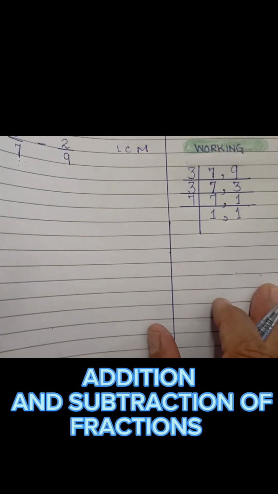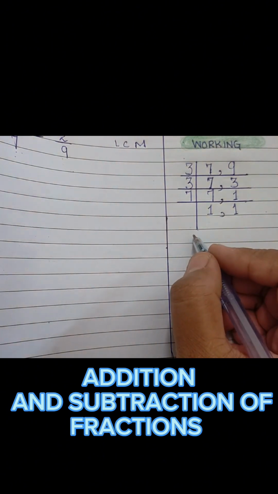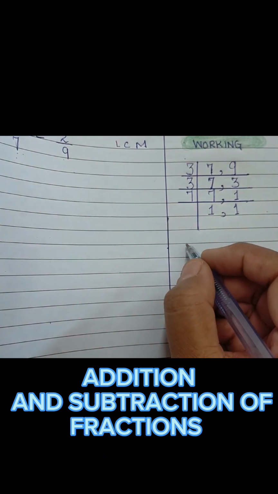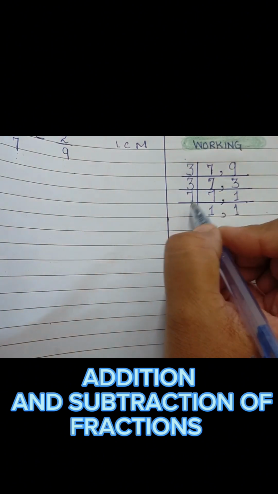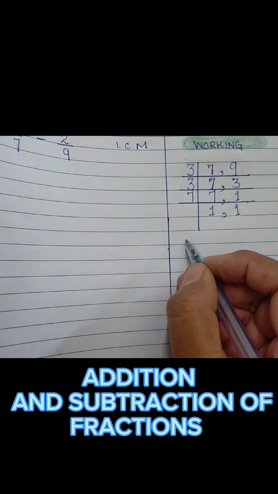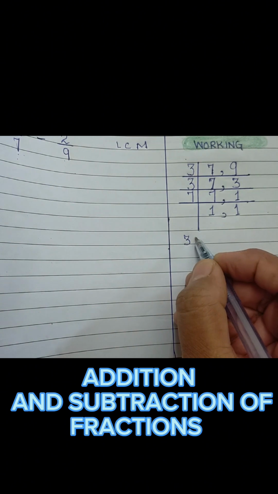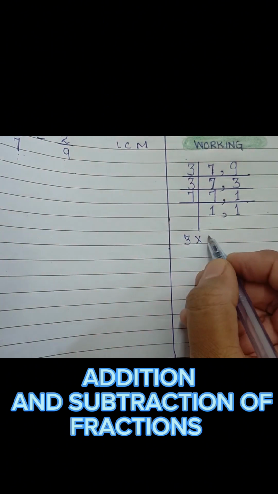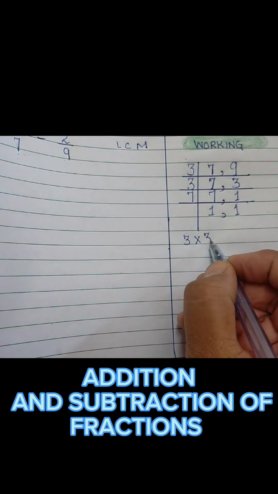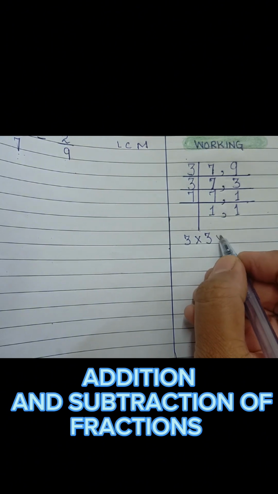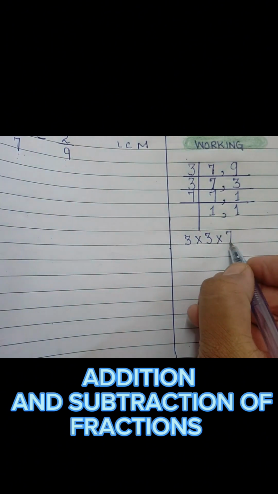My next step is to bring the numbers. What are the numbers in this side over here? 3. I put a multiplication sign. Again, I see a 3. Put a multiplication sign, and then a 7.